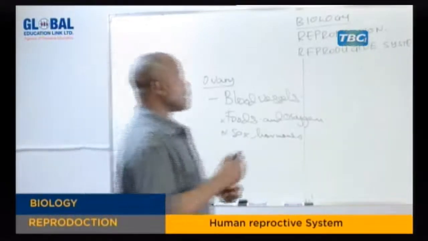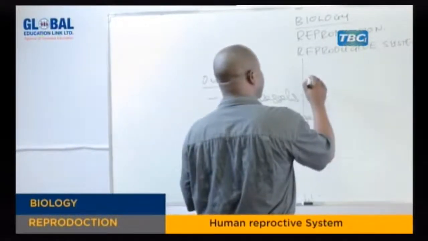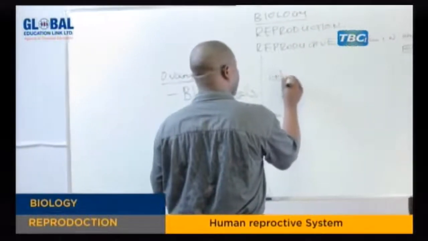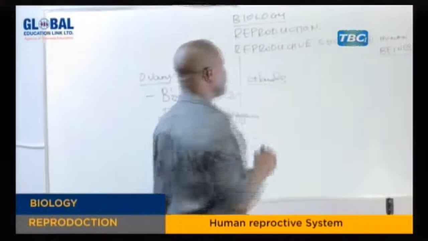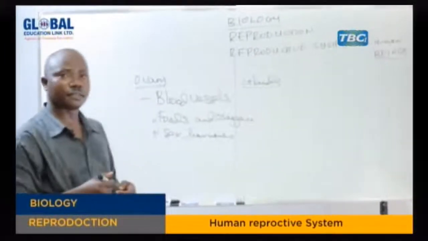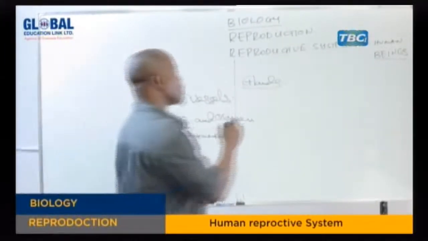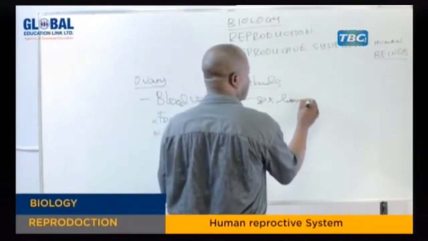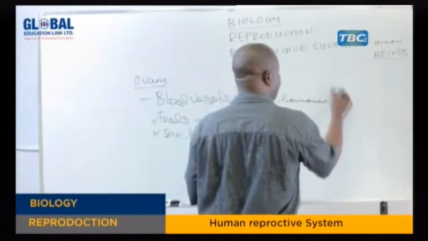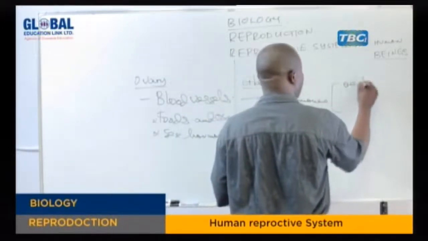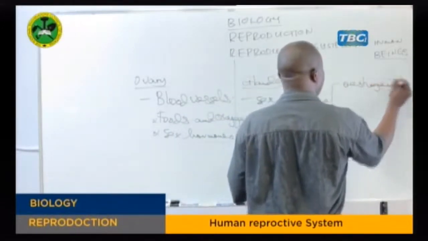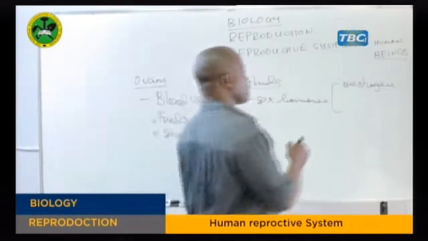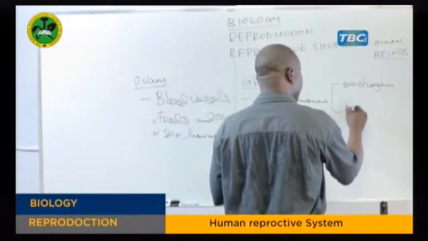Also, the inner part of the ovary has glands, with cells modified for secretion of sex hormones, such as estrogen, which stimulates female reproductive cell production, but also progesterone.